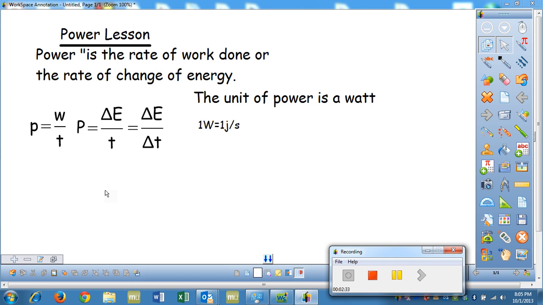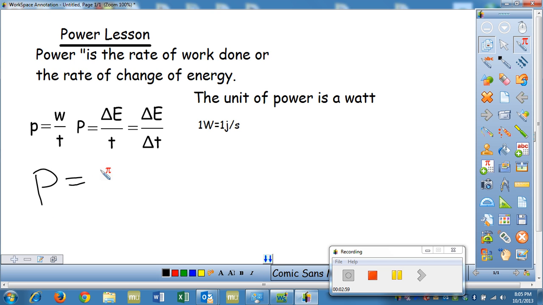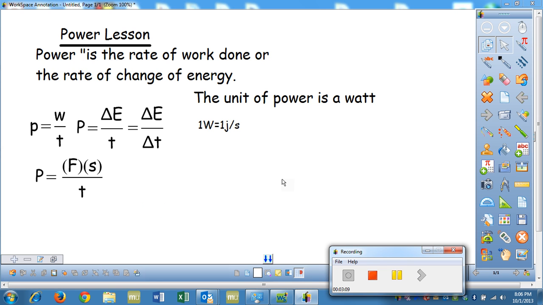Power is work divided by time. Don't forget that work is force times distance. So really, power equals force times distance over time.